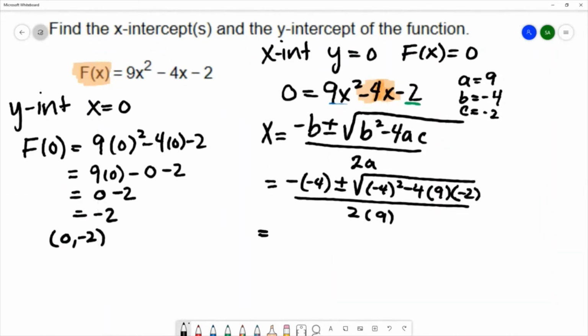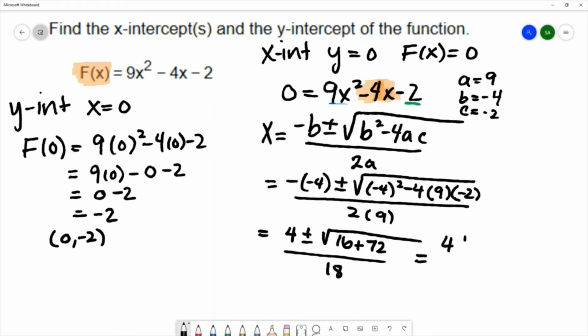So negative negative 4 is positive 4. Negative 4 squared is a positive 16. And then I have 4 times 2, which is 8, times 9, that's 72, all over 18. Underneath the radical, I'm going to add 16 and 72, which would give me 88.